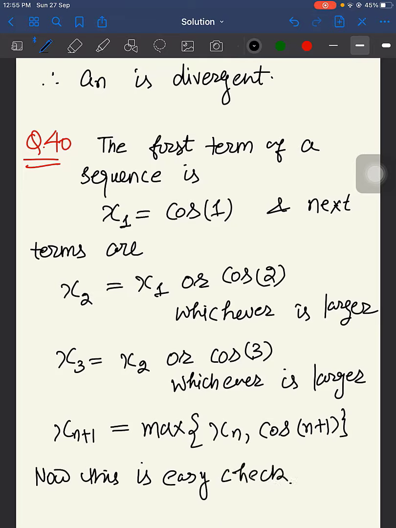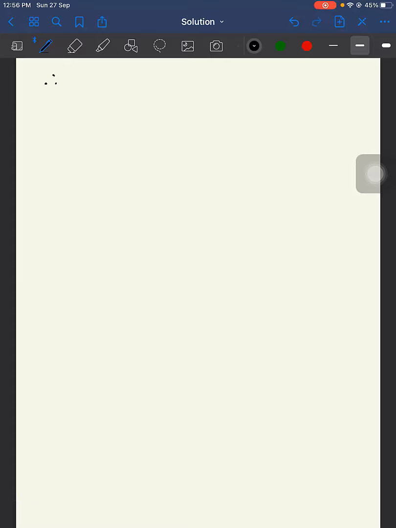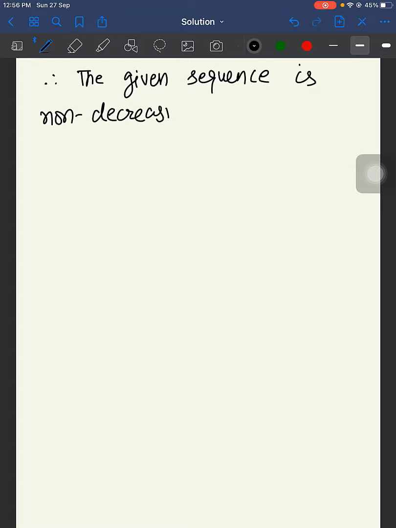Every time you are taking the cos of a number, and every time you are taking the maximum out of these two, that means your sequence is actually increasing, right? So therefore the given sequence is non-decreasing, right?